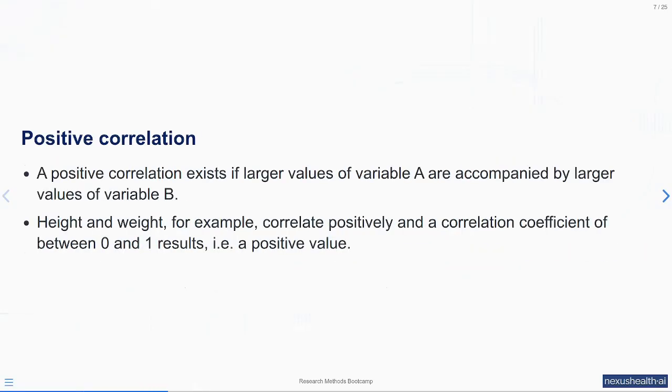A positive correlation exists if larger values of variable A are accompanied by larger values of variable B. So looking at our height and weight example, we find that there is a positive correlation, and the correlation coefficient is going to lie between 0 and 1. That is, it's going to have a positive value.